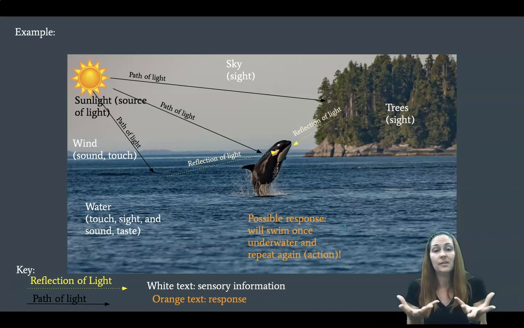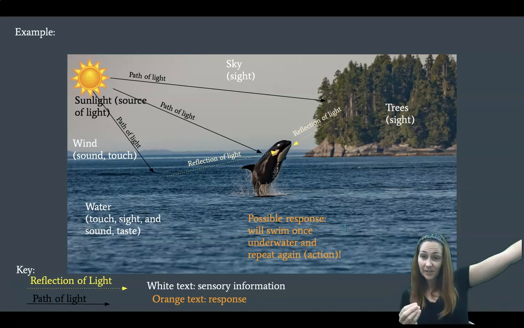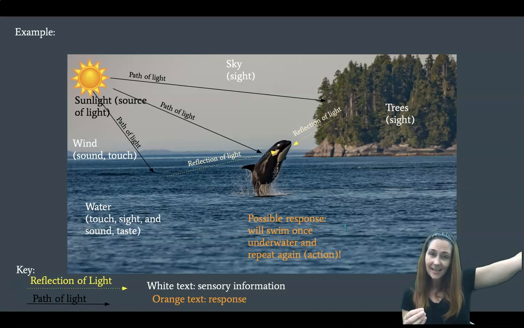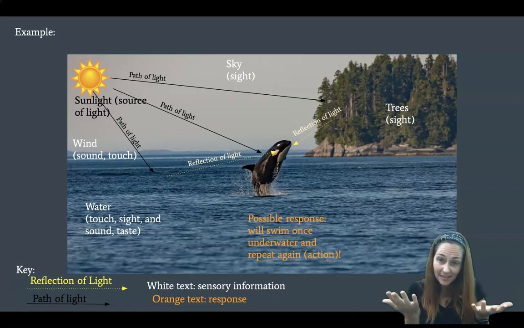Then we have the sensory information, and I put that with the sources of information. So we have sensory, sight being the trees, the sky being the sight, the water, touch, sight, sound, taste, and the wind could be sound and touch, right? Don't get overwhelmed, it's okay. Then we have our source of light, which is sunlight, coming down, and it's shining on all these sources of information because it has to be able to be seen, right?